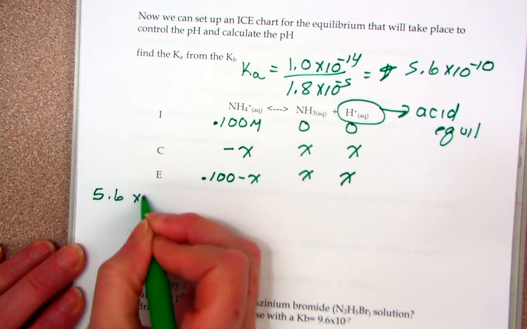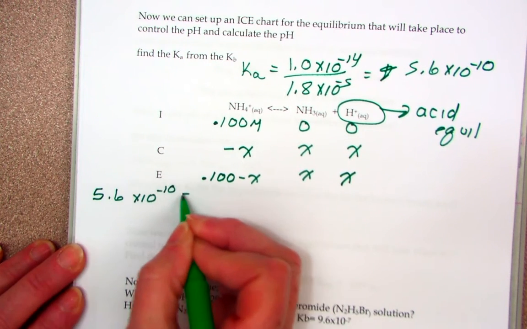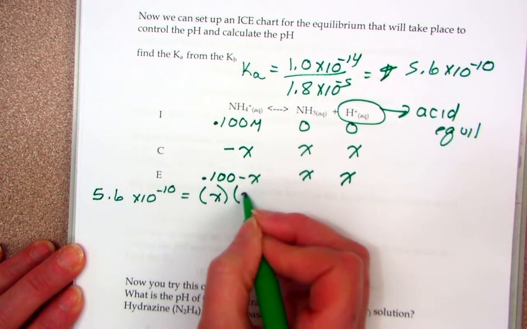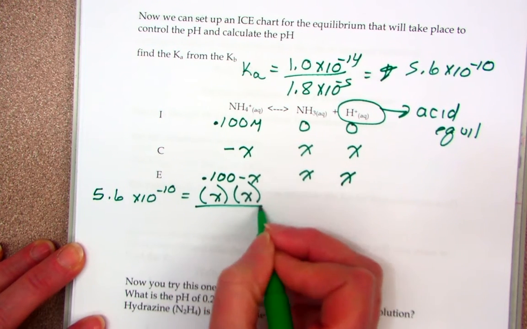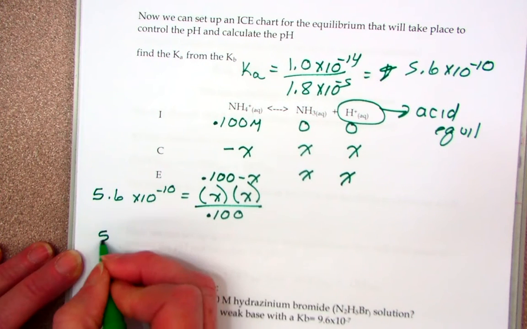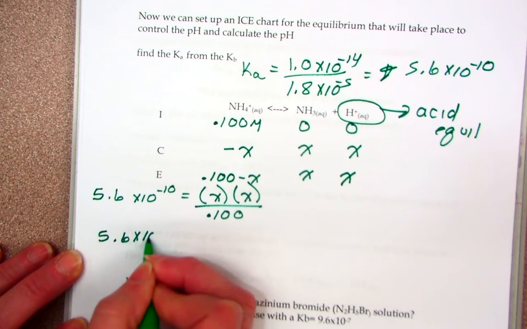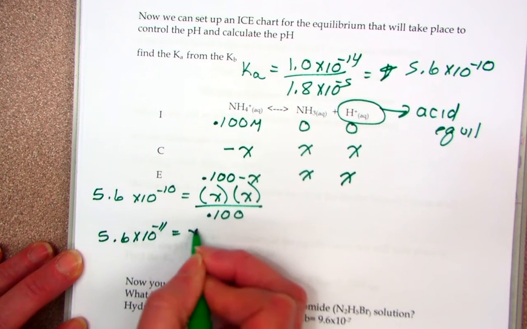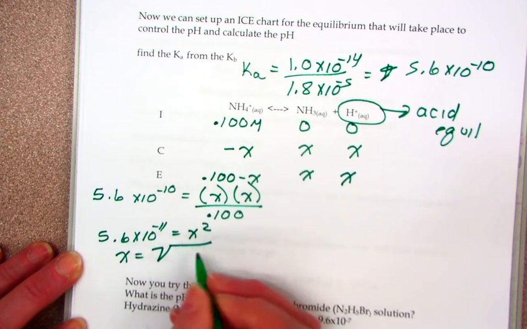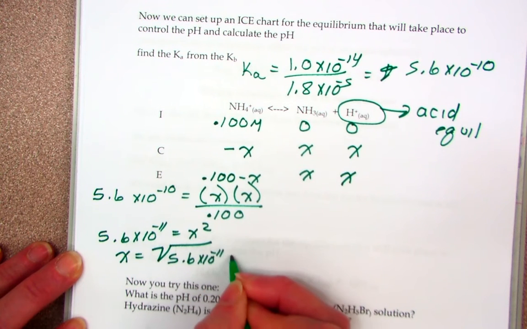5.6 times 10 to the negative 10th is equal to the ammonia, X, times the hydrogen concentration, X, divided by ammonium, 0.1. So 5.6 times 10 to the negative 11th is equal to X squared. X is the square root of 5.6 times 10 to the negative 11th.